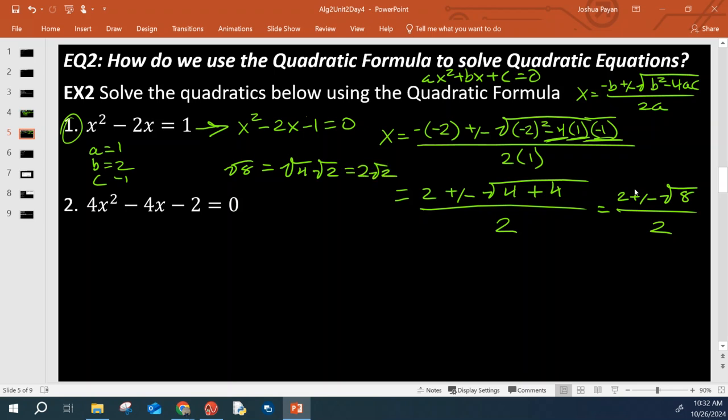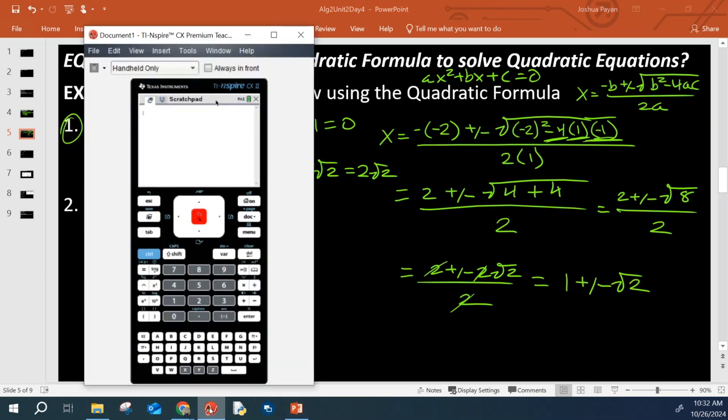Okay, and you can see why I was itching to do that, because I can cancel all the 2's out. Right, so now I'm going to have 2 plus or minus 2 square root of 2, all divided by 2. Every one of these factors of 2 cancels, and we're left with 1 plus or minus the square root of 2.